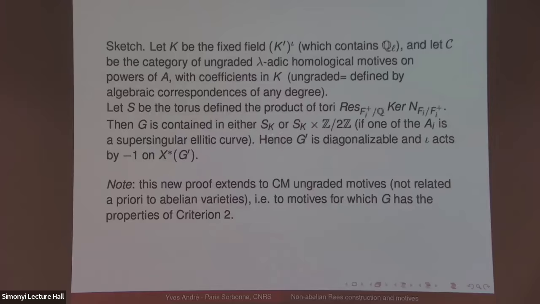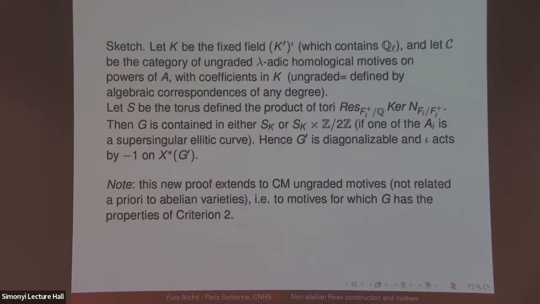In that case, I can consider the ungraded correspondence as just Z/2Z. Okay, but so the extension to K' is diagonalized. Iota acts by -1 here. So one can apply the criterion and one gets the conclusion.